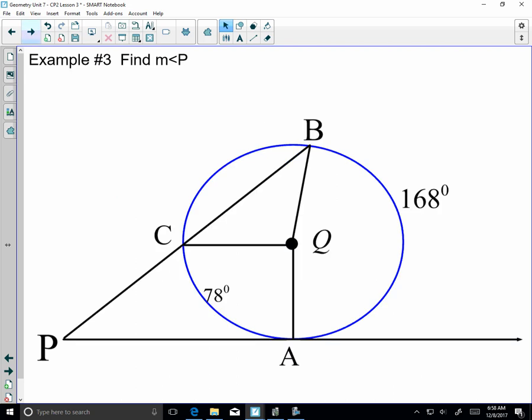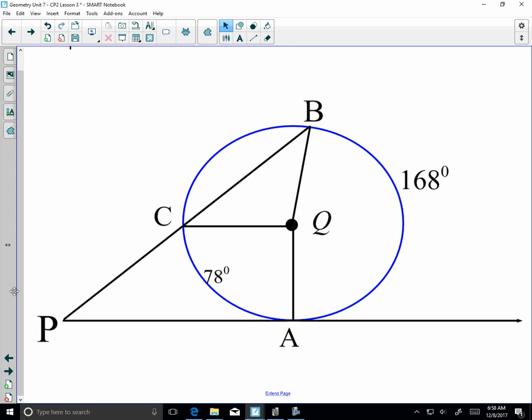Next example here, the toughest example that we have overall. We do have a bunch of radius values, so we want to remember that their lengths are equal to each other. Very important in this situation. Then we have a radius and a tangent line, and we want to remember that those pieces are perpendicular, so we have a 90-degree angle.